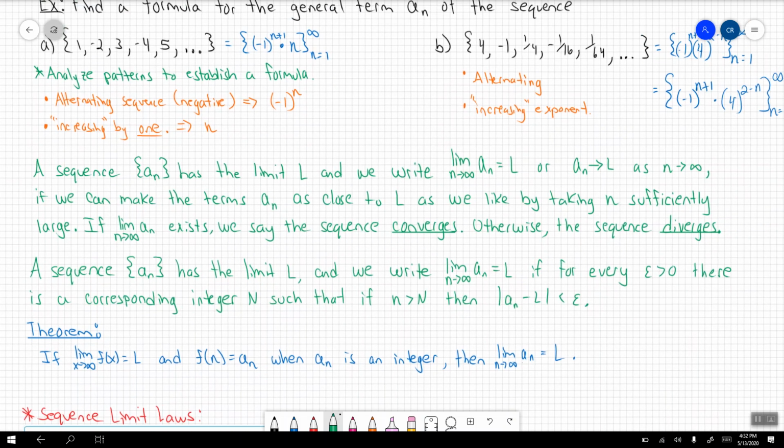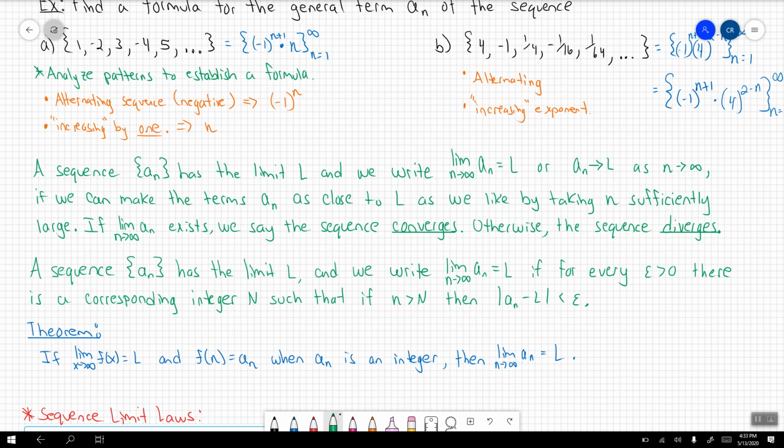This theorem is going to say if we have the limit of some function, call it f of x, as x goes to infinity being equal to L, and if we can explicitly define a function for that sequence where a sub n is an integer, then we can take the limit of that sequence as n goes towards infinity, and that's going to be equal to L. Again, we're making our substitution and interpreting our functions as regular functions back in Calc 1.